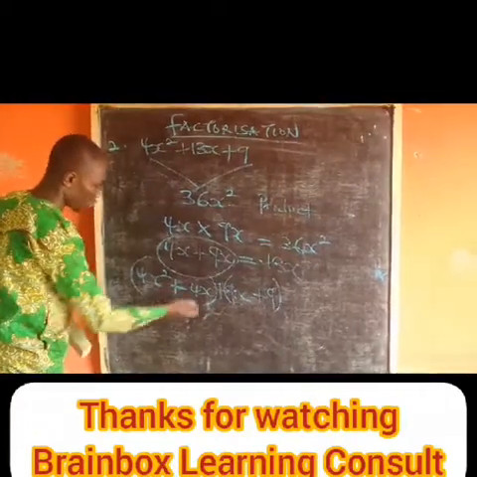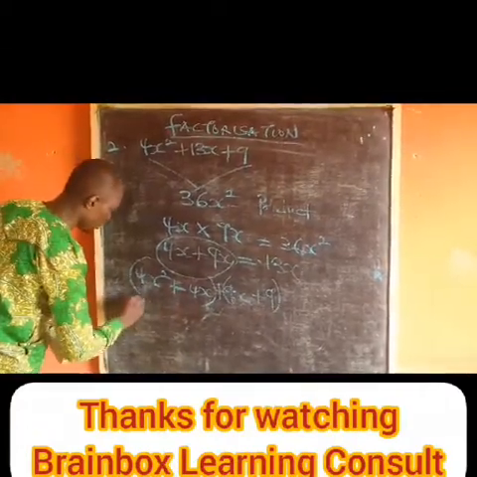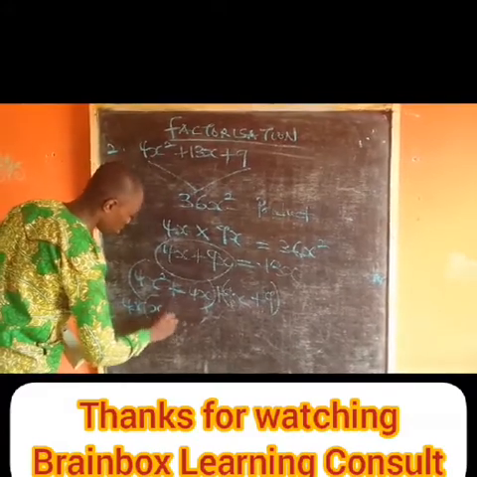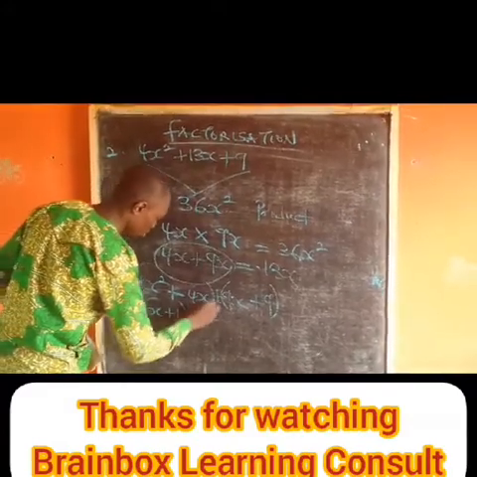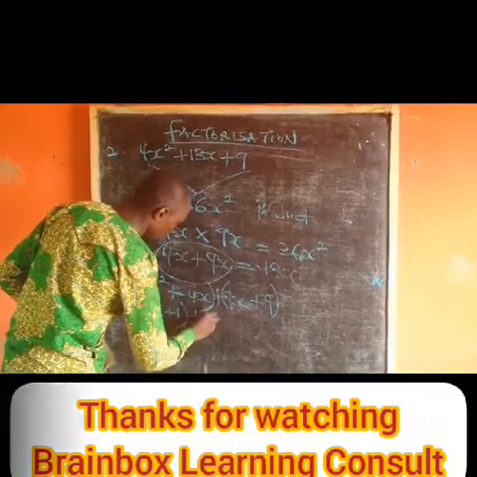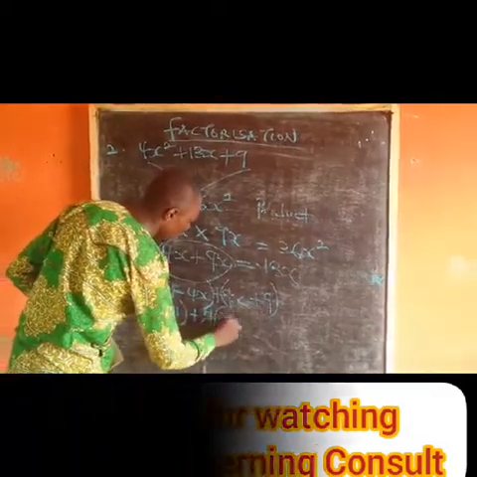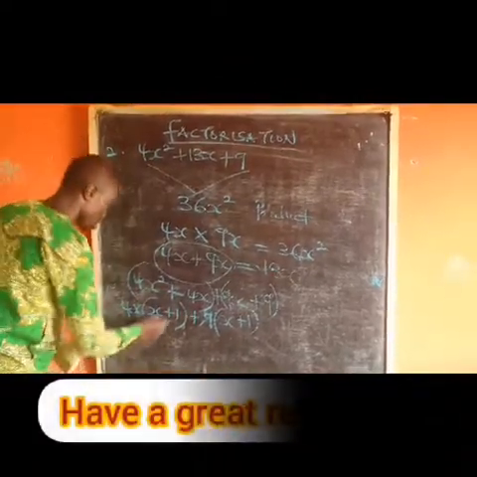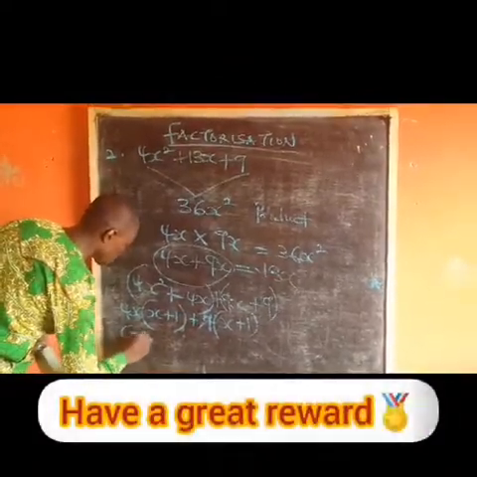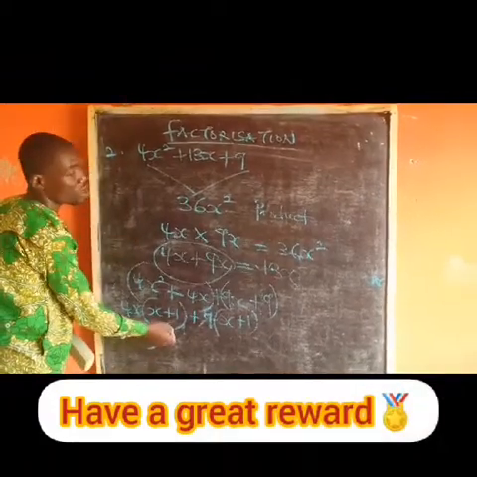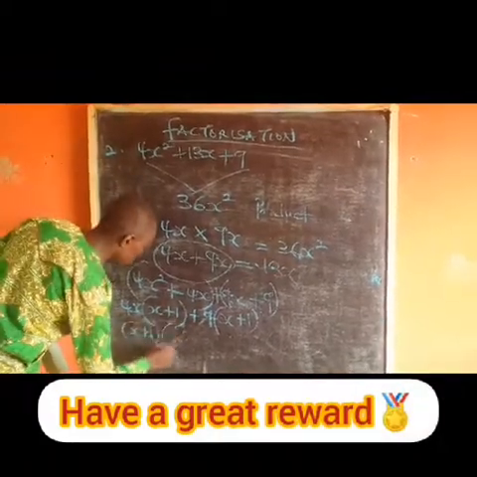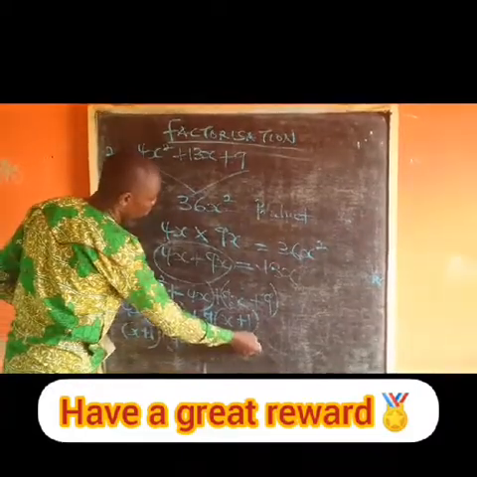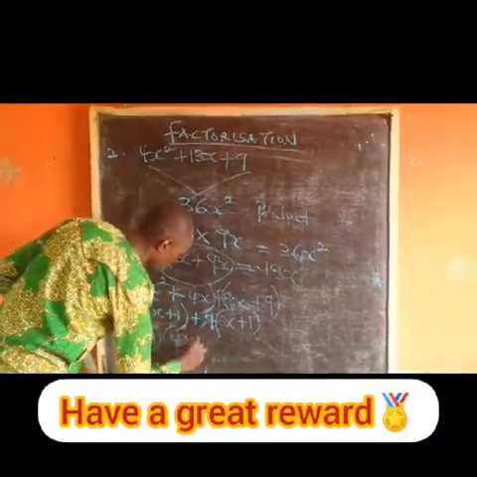So what's common here and here? 4x. That will be x plus 1. 9 is common there. That will be x plus 1. So you collect your common factor, which is x plus 1. When I take x plus 1 from here, I'll be left with 4x. When I remove the x plus 1 from here, I'll be left with plus 9.